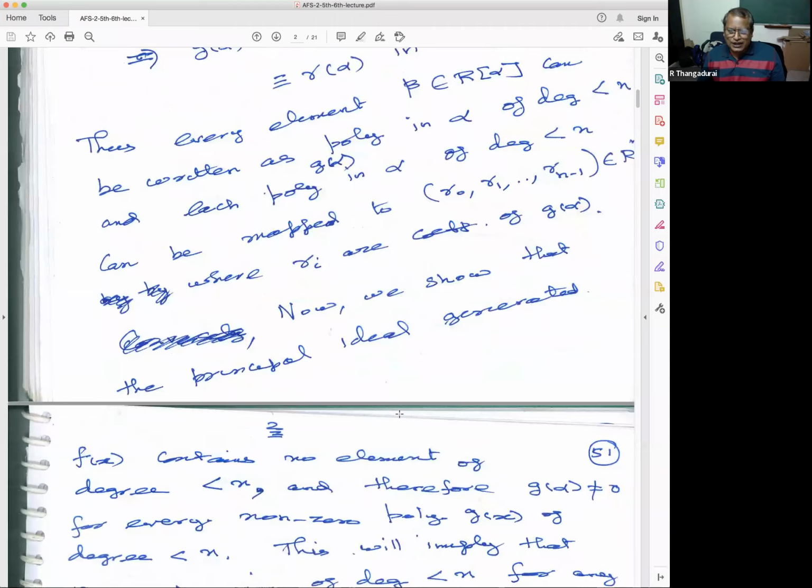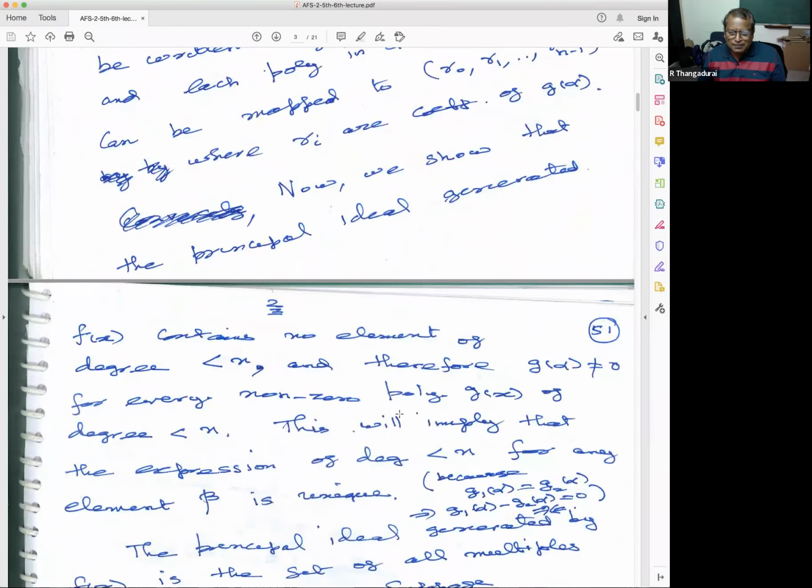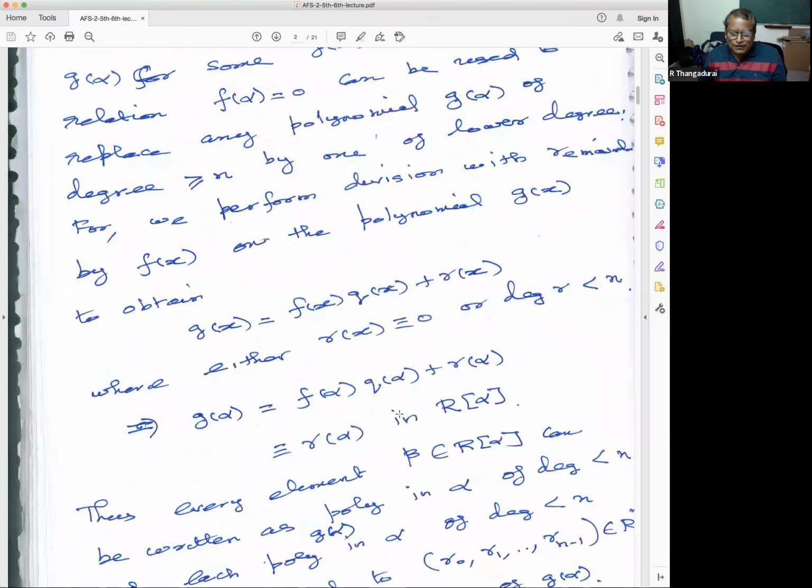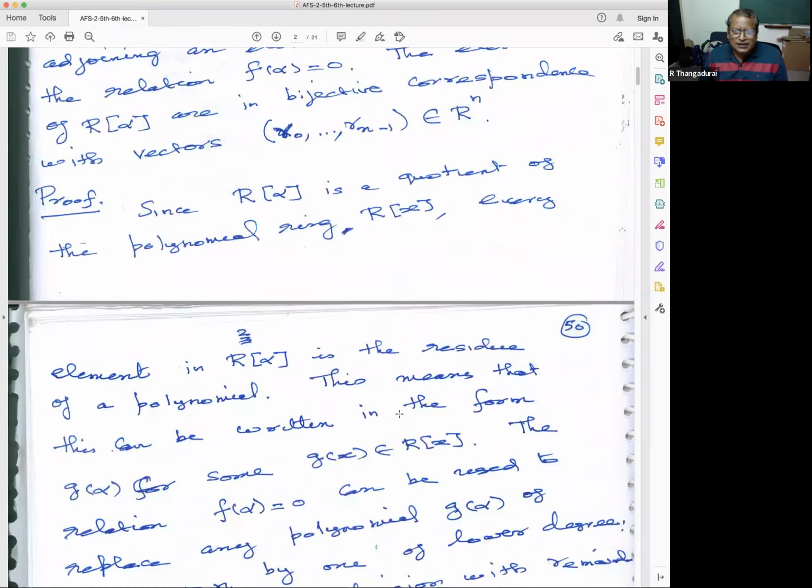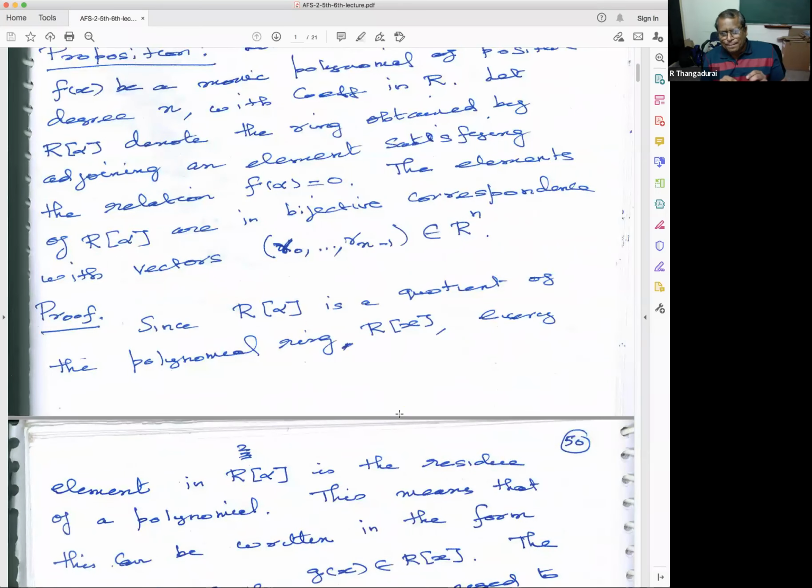Now we show that the principal ideal generated by f(x)... What we have shown is a map giving how an element of R[alpha] goes to an n-tuple. And if an n-tuple is given, then you can find an element in R[alpha]. Why?